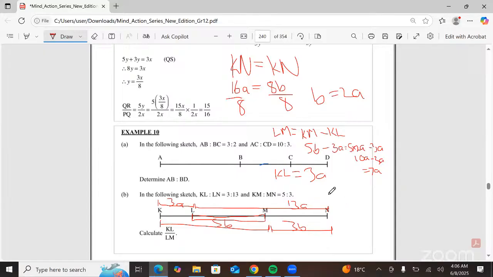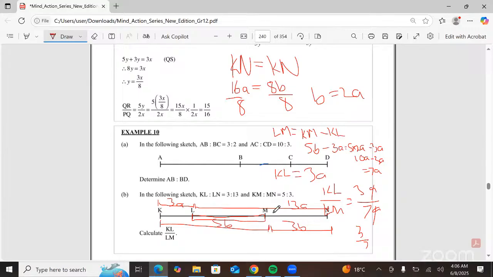So KL over LM is equal to 3a over 7a. Therefore, you are left with 3 over 7. Does it make sense? Yes, sir. Are you sure? Yes, sir.